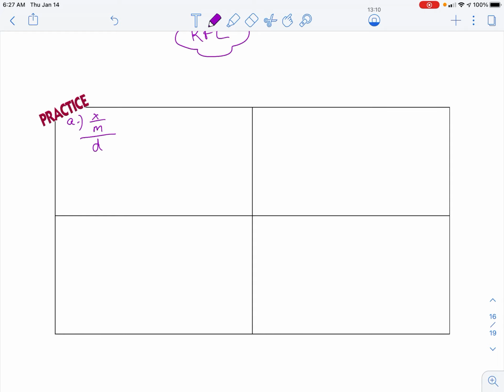Actually, I think I wrote it out incorrectly. Hang on just 1 second. I think I thought that the D was the only thing on the bottom, so I want to check the answer key really quickly just to make sure. I can't quite tell what that is in the book.